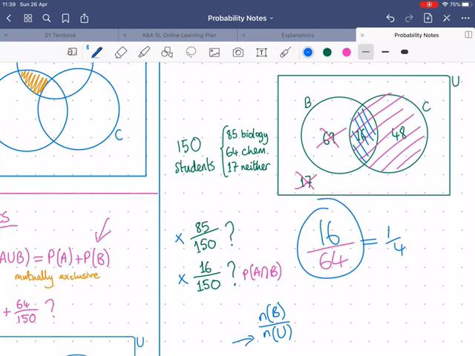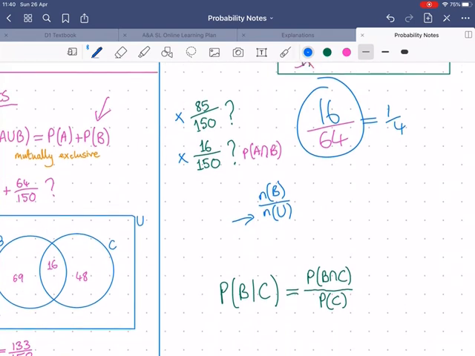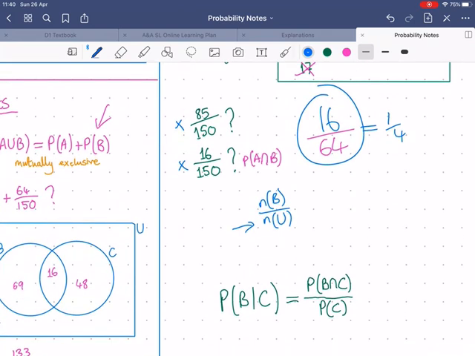This would be considering all 150. The given that statement basically tells us to change that universe figure, that total outcomes figure, to narrow it down. Okay, so that is why we have a formula here that is over P of C.